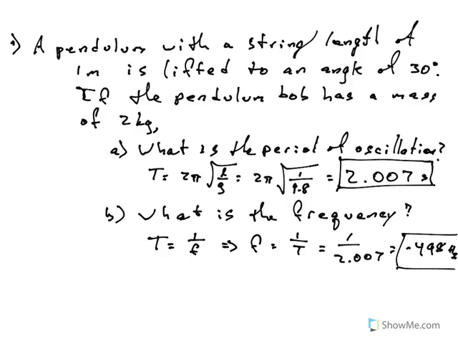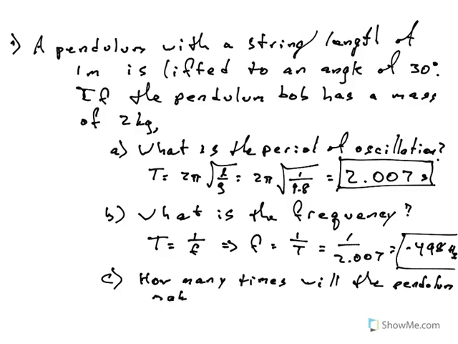All right, and then lastly, we could ask how many times will the pendulum make an oscillation in 10 seconds. Well, to figure this out, we just have to realize what the period of oscillation means.